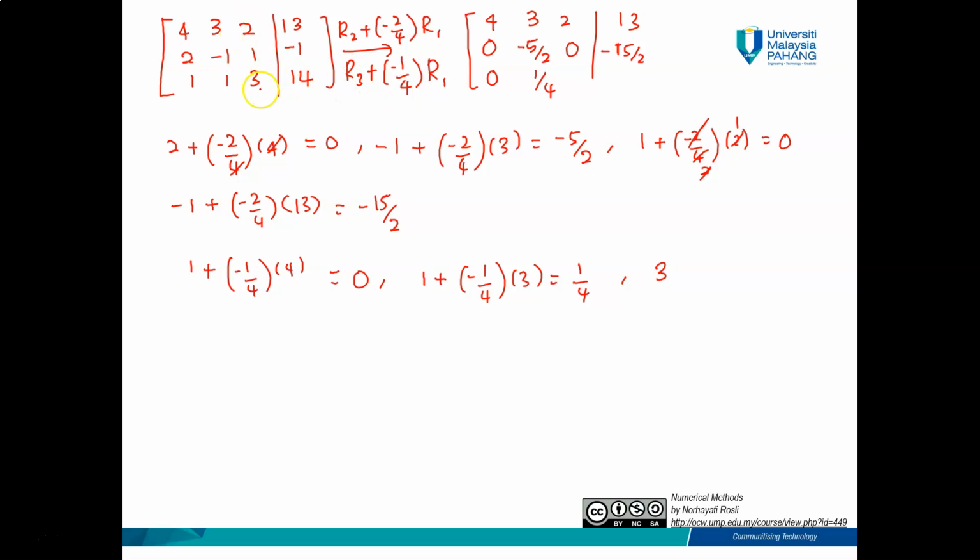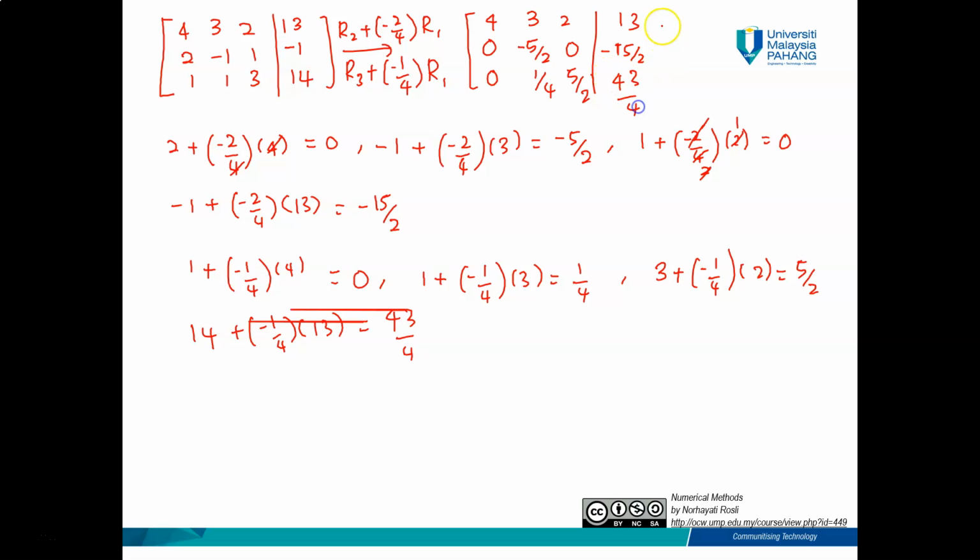For R3, the value for this third column is 3 plus negative 1 over 4 times R1, the value is 2. When we solve this one, we get 5 over 2. And please remember that you need to do so for the B vector. For this R3 it is 14 plus negative 1 over 4 times 13. So we get the answer equal to 43 over 4.